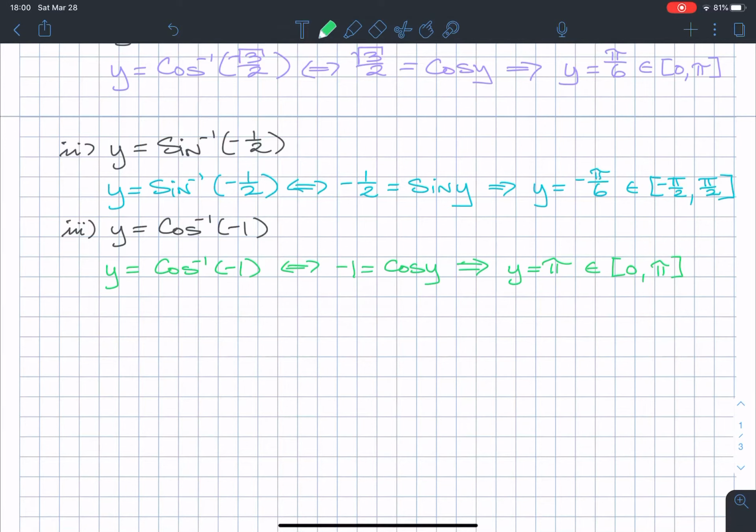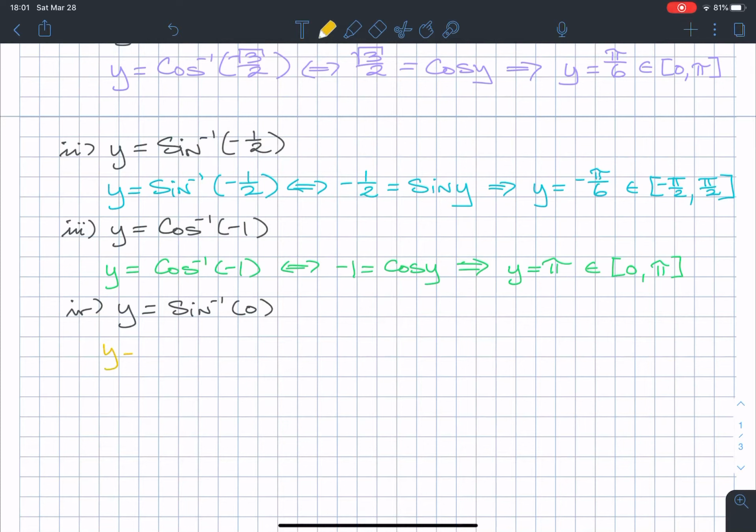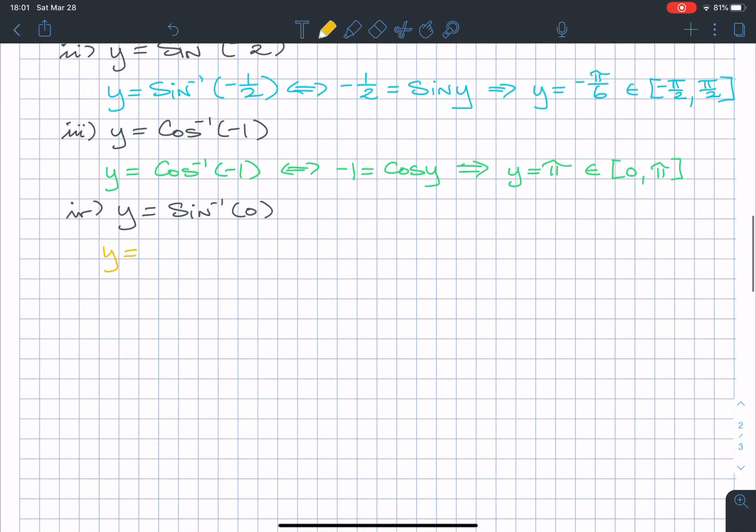Okay, one more for good measure. Number 4. Let's say we have y is equal to sine inverse of 0. Okay, so y equal to sine inverse of 0 is equivalent, without the inverse, to 0 is equal to regular sine of y.